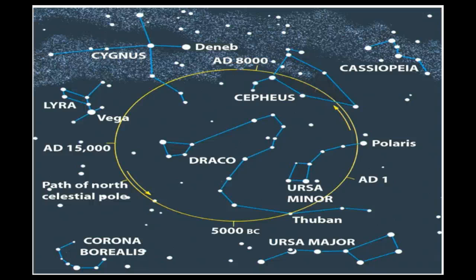So presently, the celestial North Pole points to Polaris, but in the year 14,000, it will point toward a star, Vega. So you can see the arrows here draw the path that precession will take. And here's Vega right here. So in 14,000 years, our celestial pole will point to that star, while right now it's pointing here at Polaris.